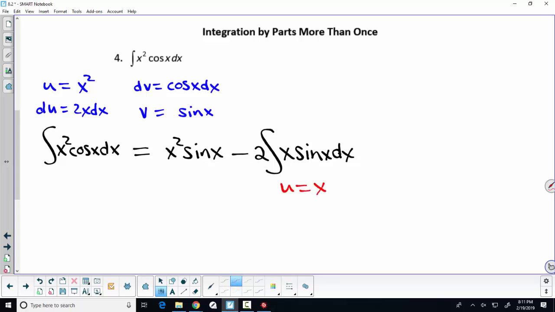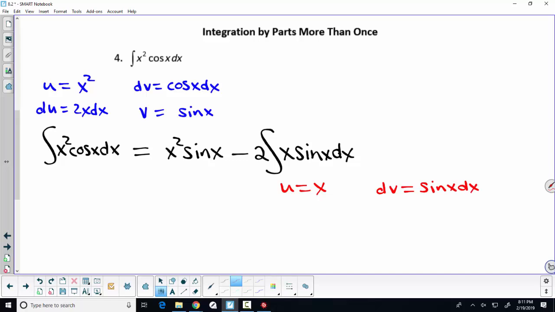It's not technically sound to have another u and another dv, because we already allowed u and dv to be something else. But just to avoid confusion, let's keep this notation. Really, we should let that be something like w and ds. But for our purposes, I think it's fine.